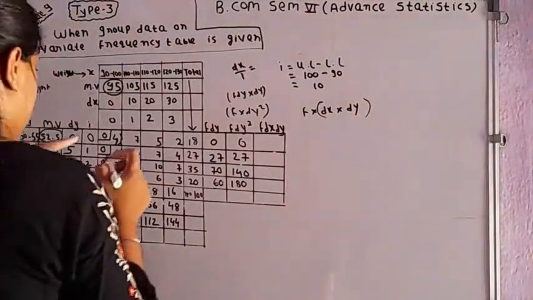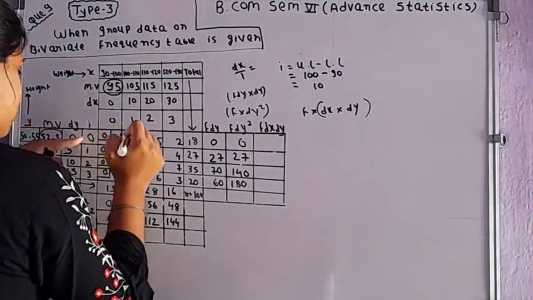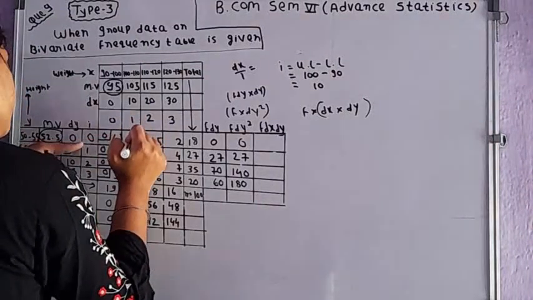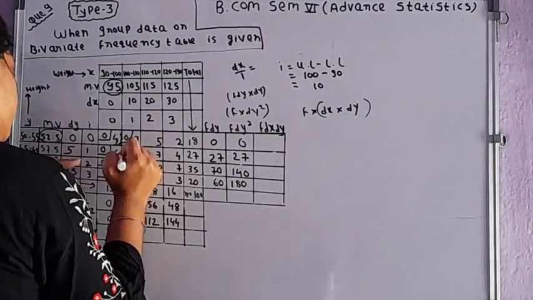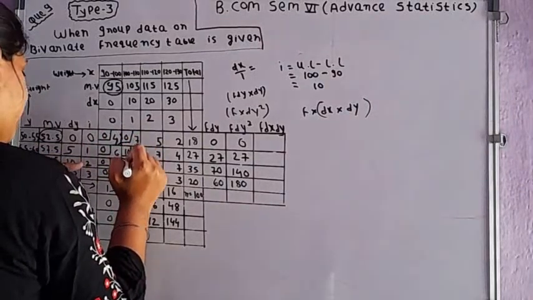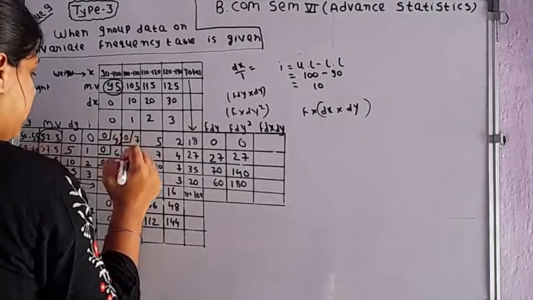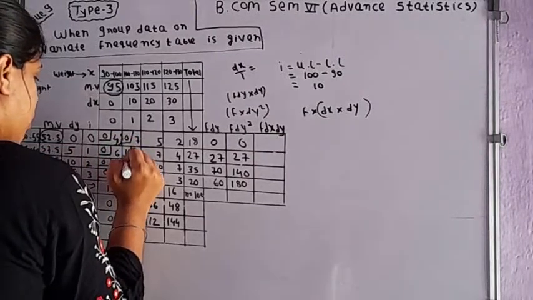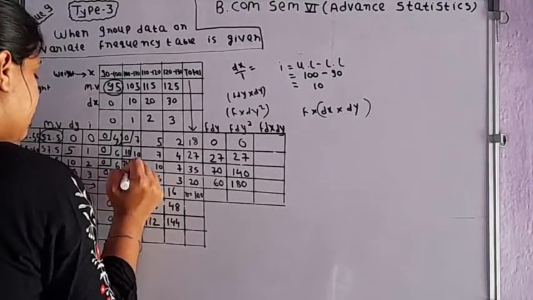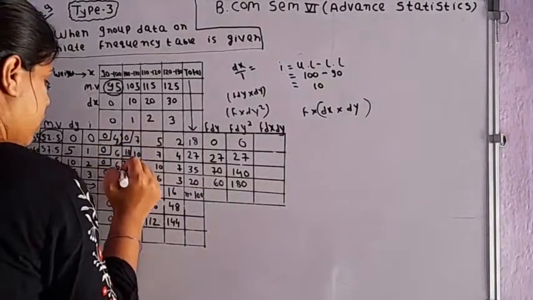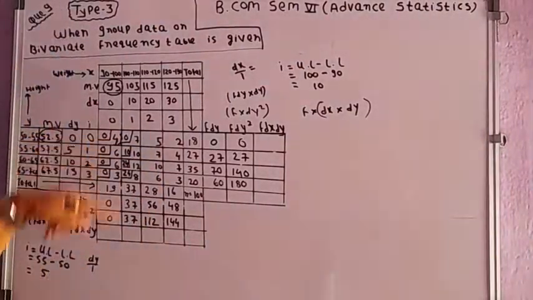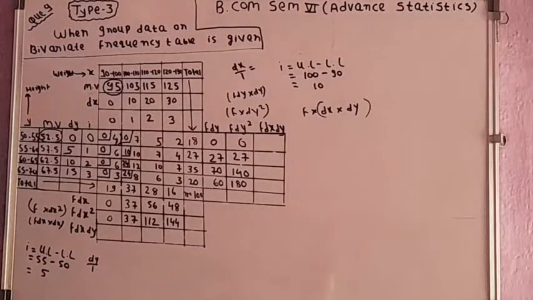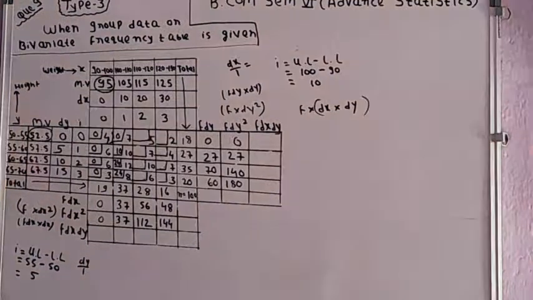After that 7 into 0 into 1. 0. 10 into 1 into 1. 10. 12 into 2 into 1. 24. After that 8 into 3 into 1. Again 24. Because 8 into 3, 24, and into 1.